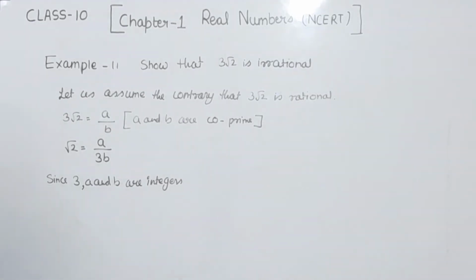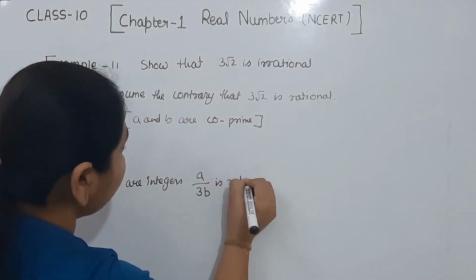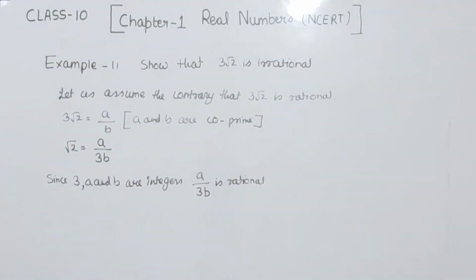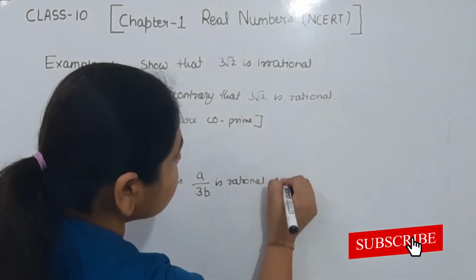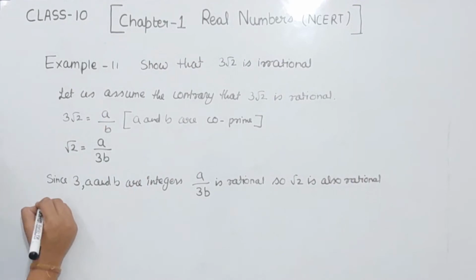So a by 3b is a rational number, and if this is rational, then root 2 is also rational.